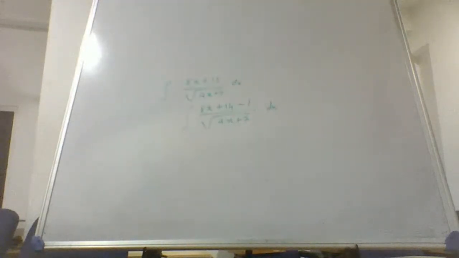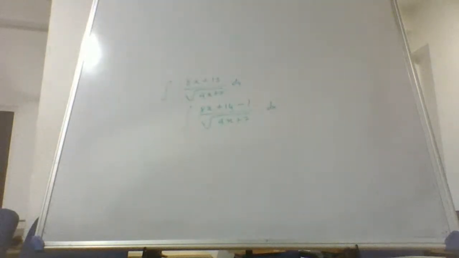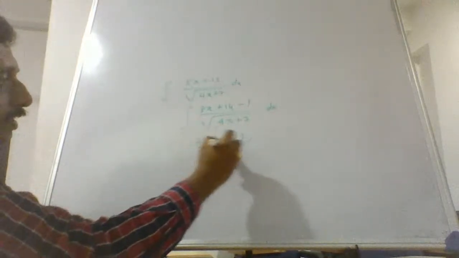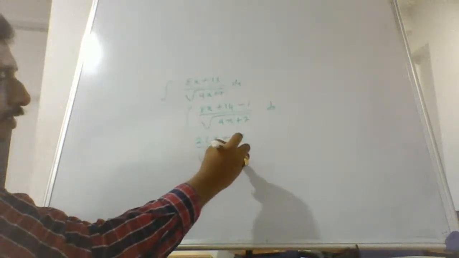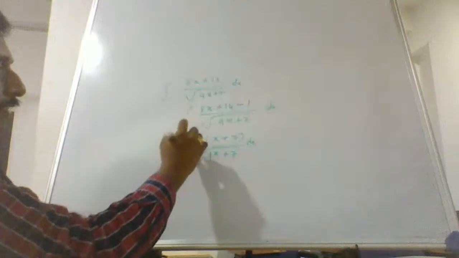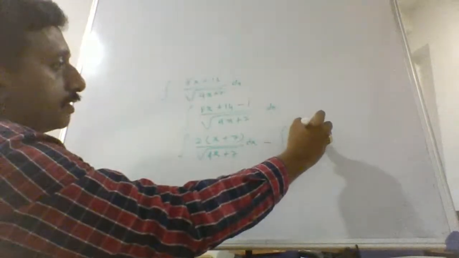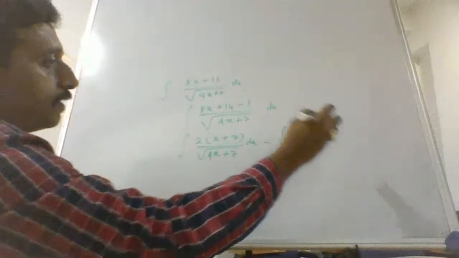Okay. So now if you see here in the numerator you have a multiple of 2. So this again I can write as (2x + 7) divided by the square root of 4x + 7, and this is dx integral. Now minus of this is dx over the square root of 4x + 7.